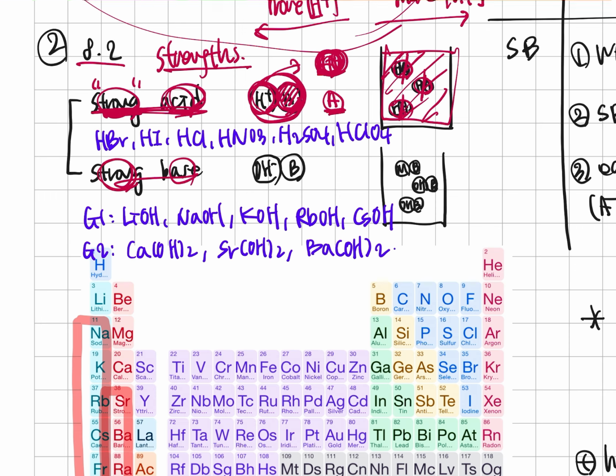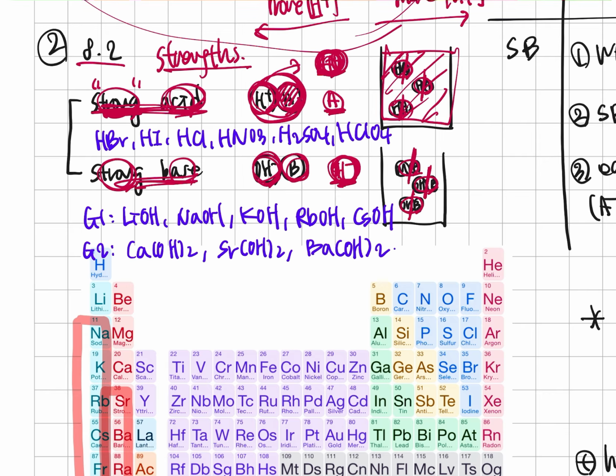For strong bases, vice versa: there's an OH minus ion with a conjugate acid, but it's very good at breaking free from these bonds and making the solution more basic through these singly floating OH minus ions.